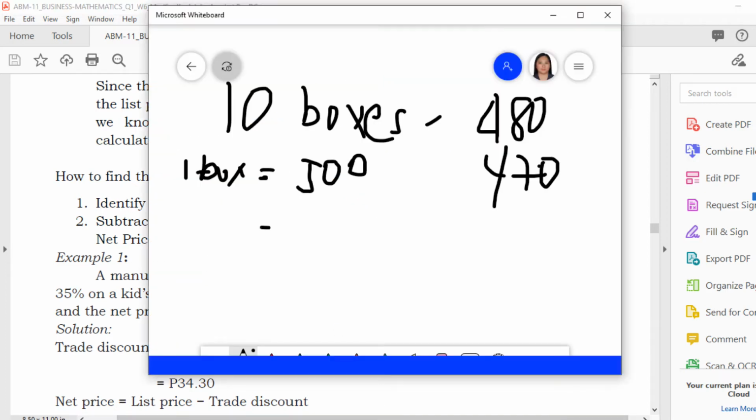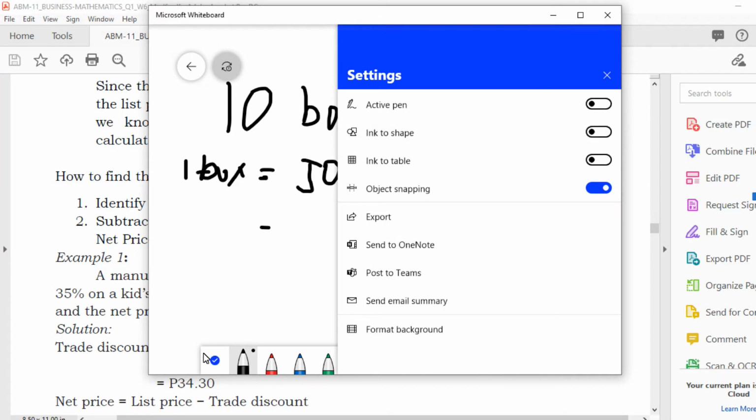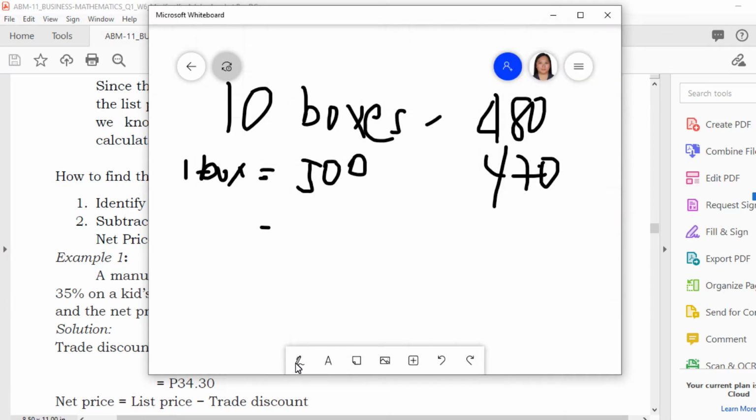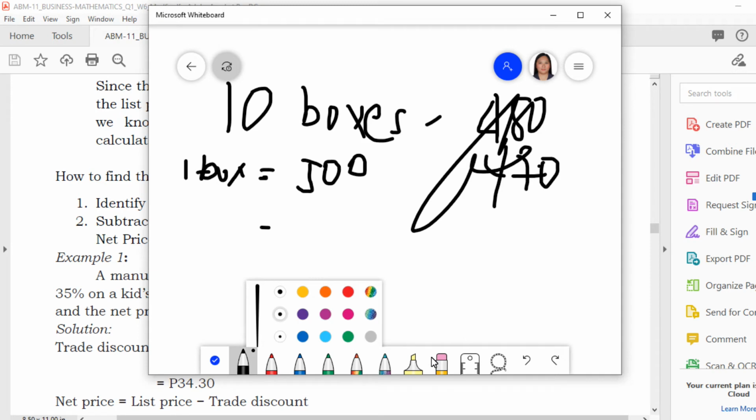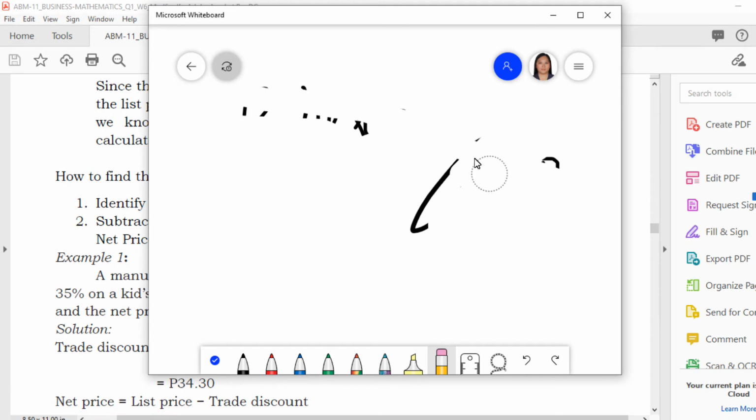Okay, for example, kung ang trade discount ay tignan natin.